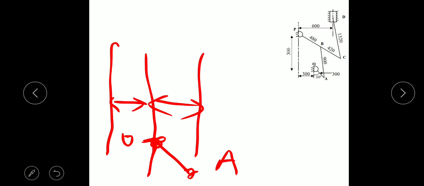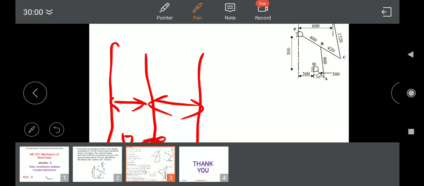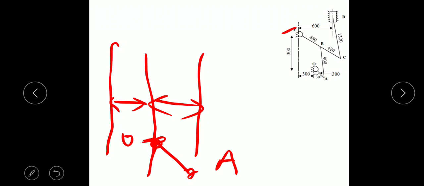Then I need to draw point B. I will take a linear direction here, P will be marked here, and this distance will be 300 mm.